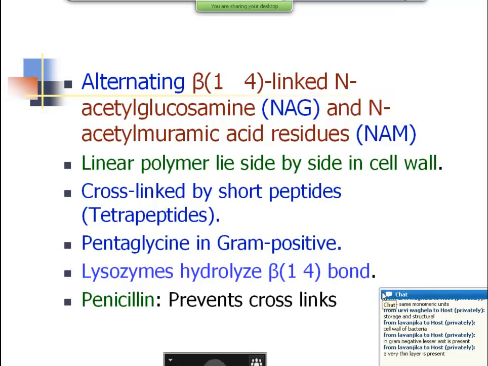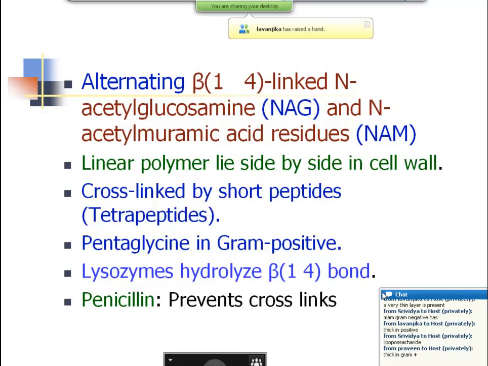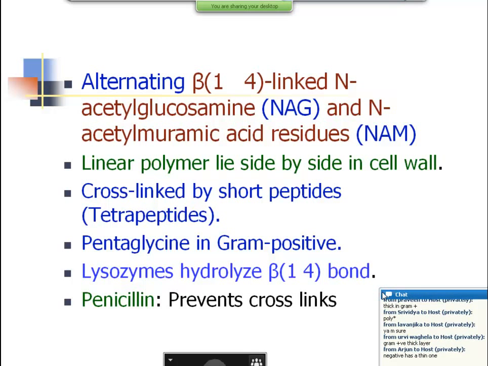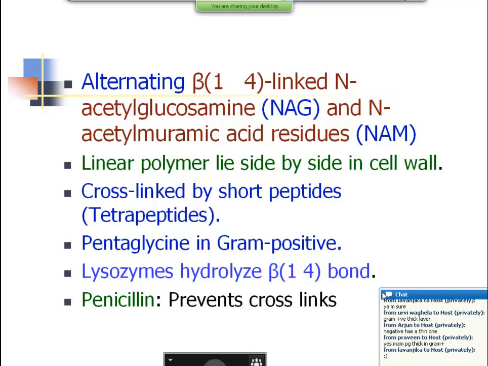Is it thick in gram negative or gram positive? Come to a final conclusion. Gram positive. Yes, it is thick. Alright. The peptidoglycan layer in gram positive is thicker, and the peptidoglycan layer in gram negative is thinner.